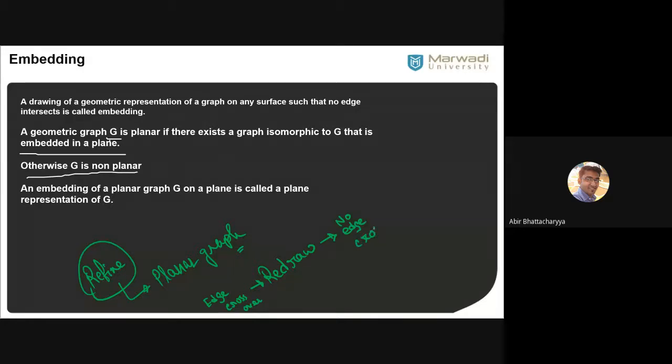That is in our hand. Redraw means what? We'll find an isomorphism. If it is possible, we'll find an isomorphism which has no edge crossover. No edge crossover means this is called embedding, graph embedding.